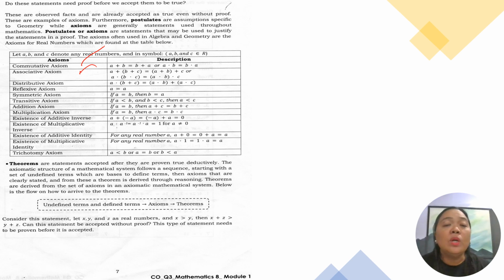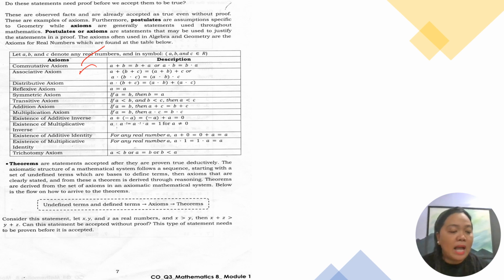You distribute A with the factors inside the parentheses. Therefore, A times the quantity B plus C is equal to, you multiply A times B first, plus you multiply A times C. That's the distributive property or distributive axiom.